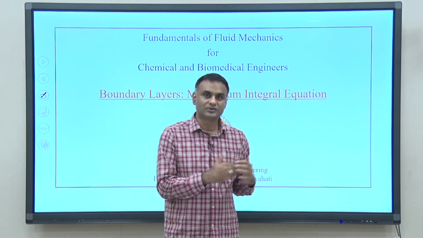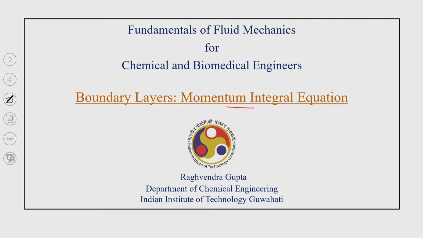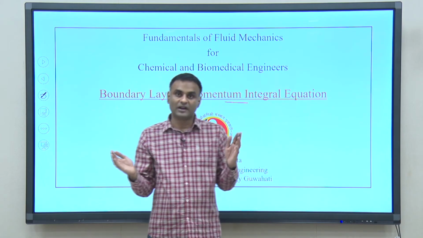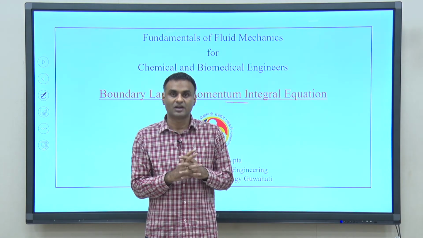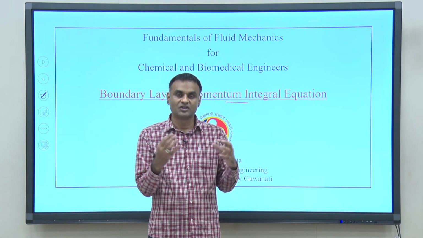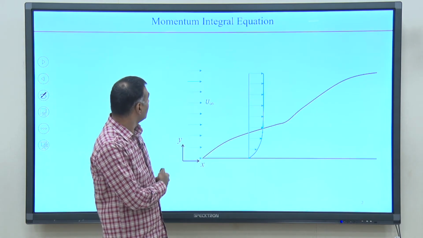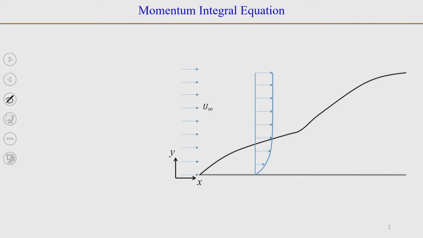Now, what we are going to discuss today is the momentum integral equation in the boundary layer. So, we will consider the boundary layer region and apply macroscopic mass and momentum balances so that we get an equation, and that equation can be used to find the macroscopic properties.